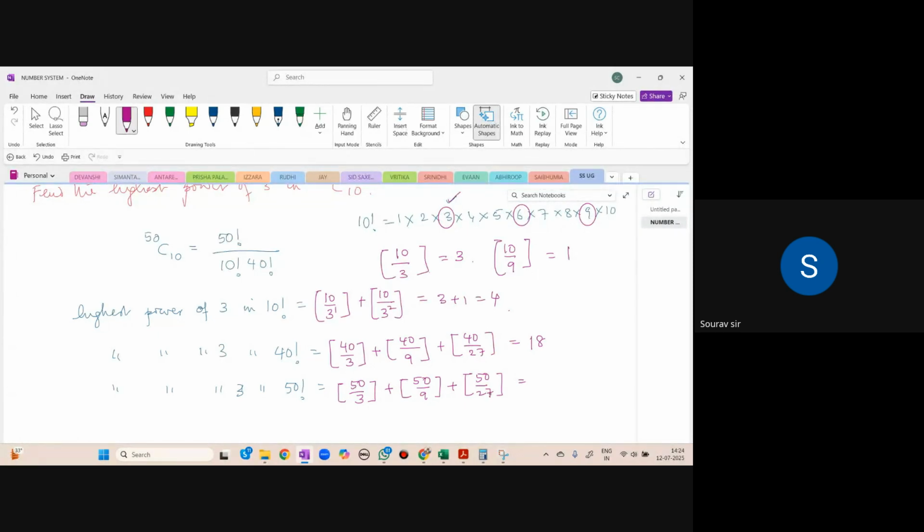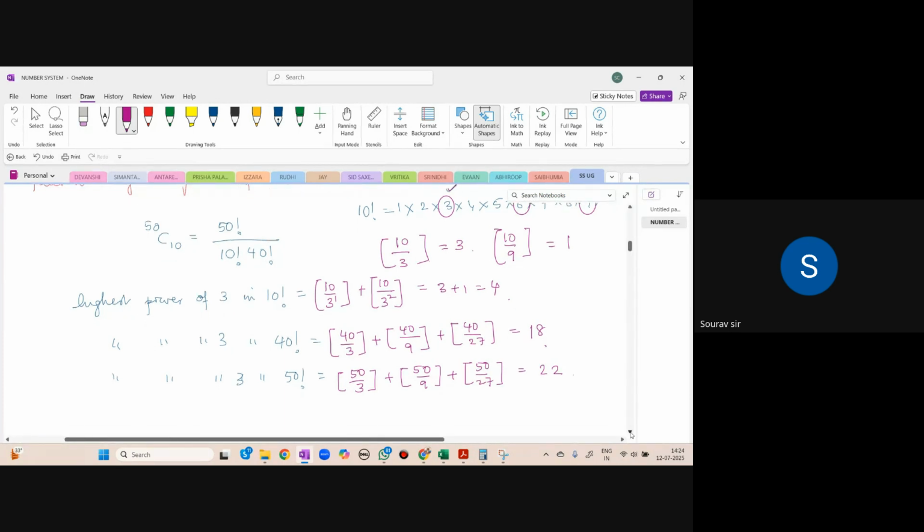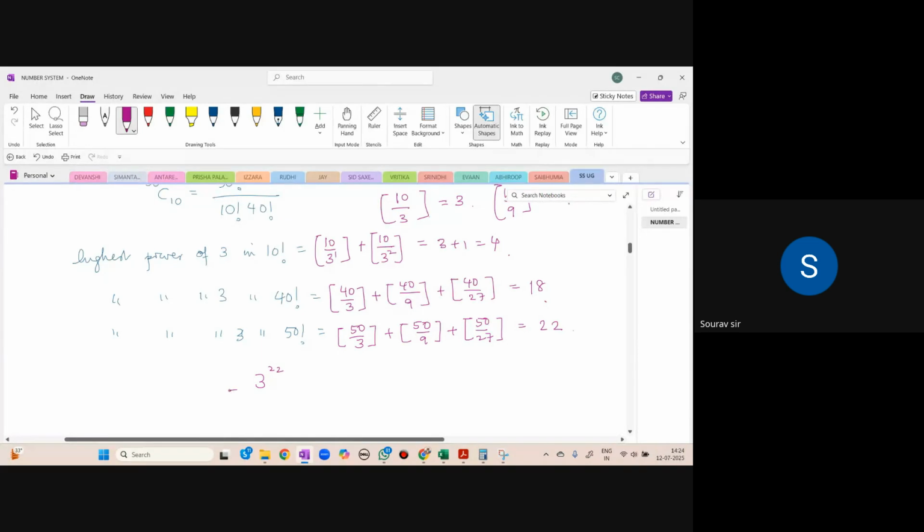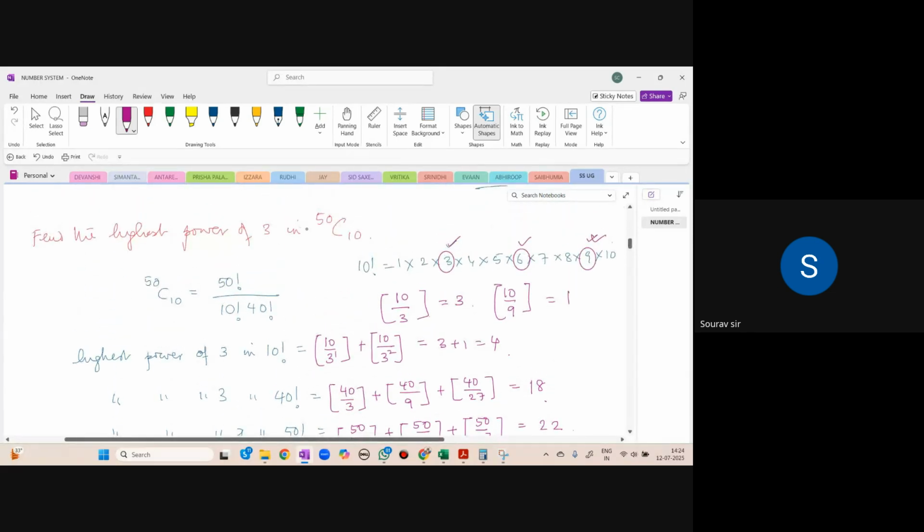This is 5, 21. This is 1, 22. So that means 3 to the power 22 divided by 3 to the power 18 divided by 3 to the power 4, which is 3 to the power 0. So the highest power of 3 in 50C10 is 0. It's not 1. Okay, sir.